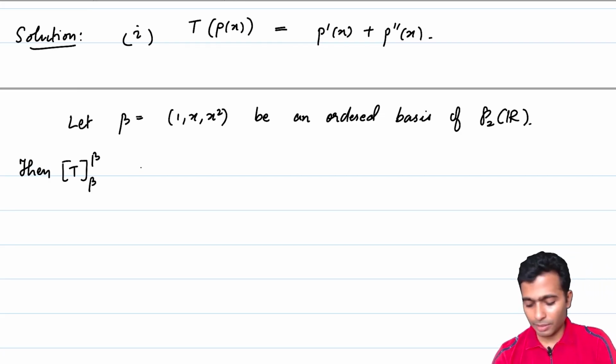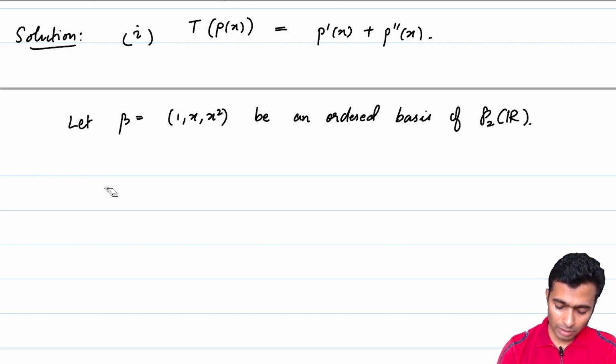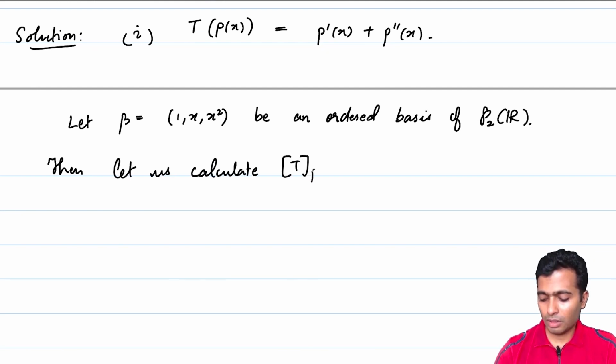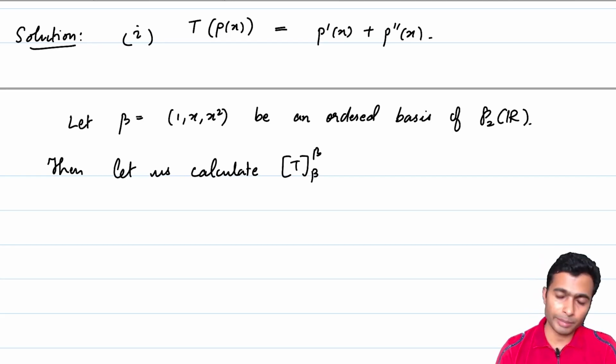Then let us calculate T beta. To do that, let's see what is the column representation of each of the vectors in beta.